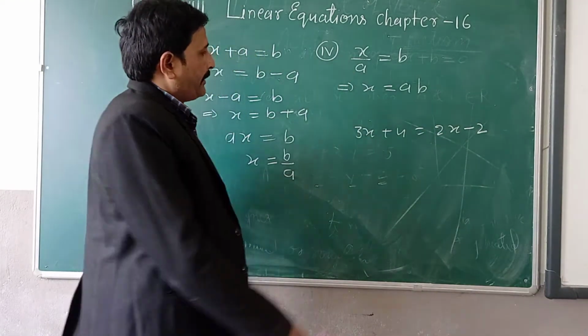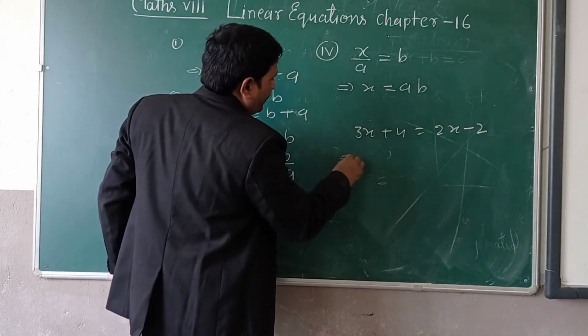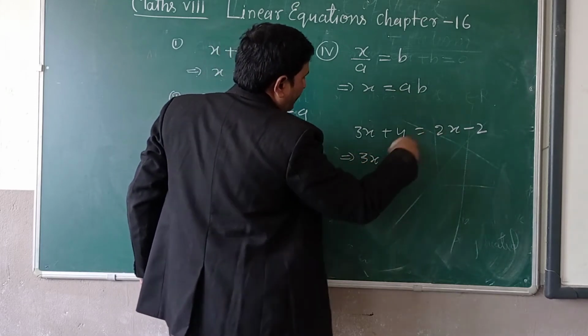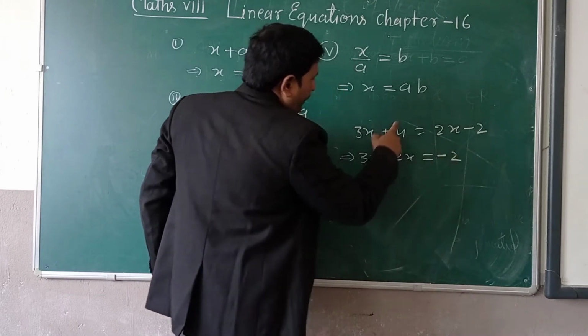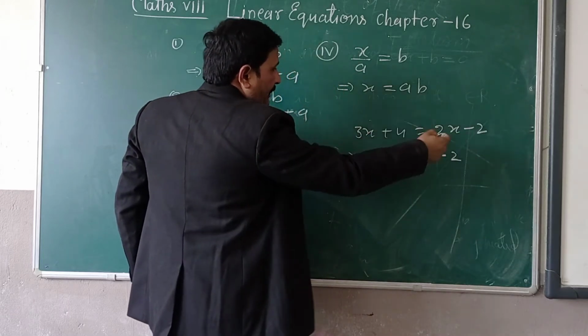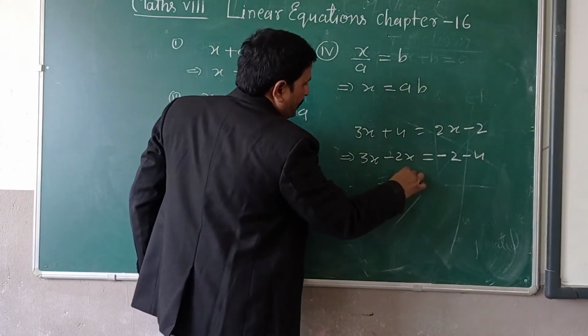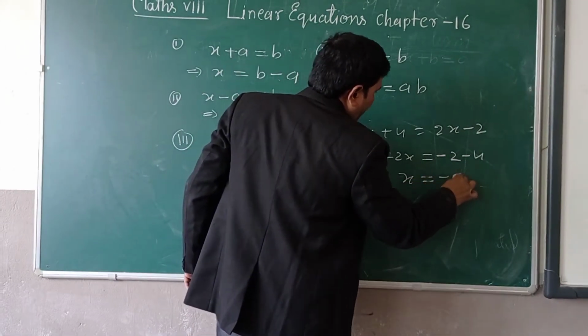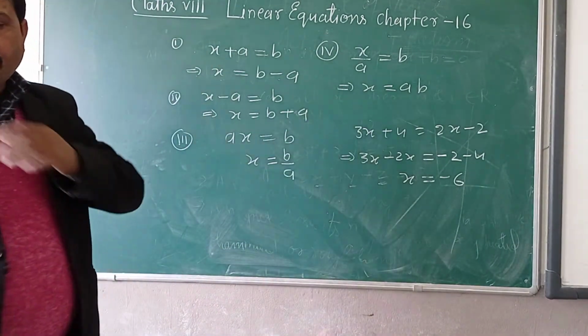By this, 2x on this side will be minus: 3x minus 2x is equal to minus 2. Here plus 4, this side it will be minus 4. Now 3x minus 2x, x is equal to minus 6. That will be the answer.